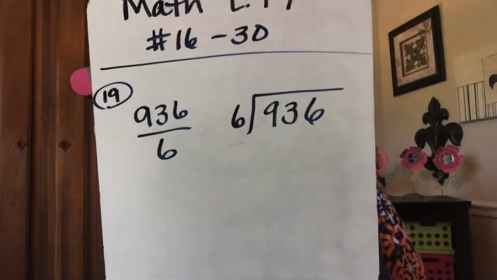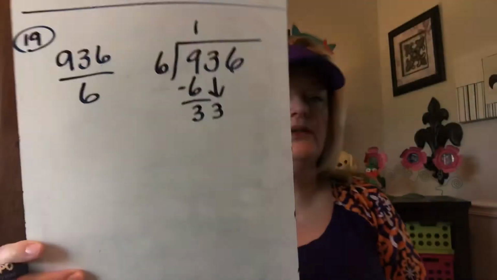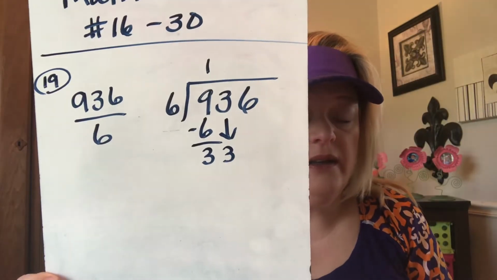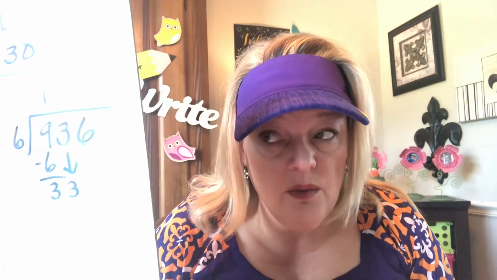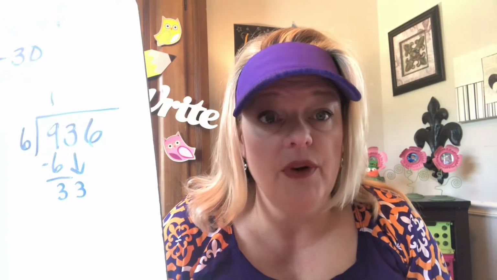All right, so 6 goes into 936. This is what you're thinking. 6 goes into 9 one time. 1 times 6, 6. Subtract, I get 3. Bring down my other 3. 6 goes into 33. How many times? What's 6 times 5? 30.